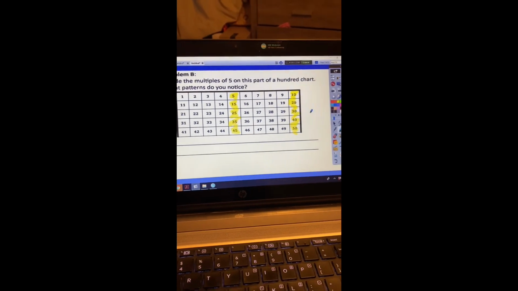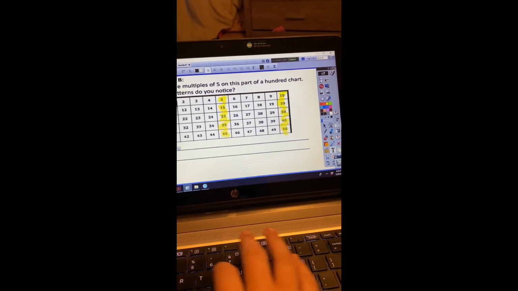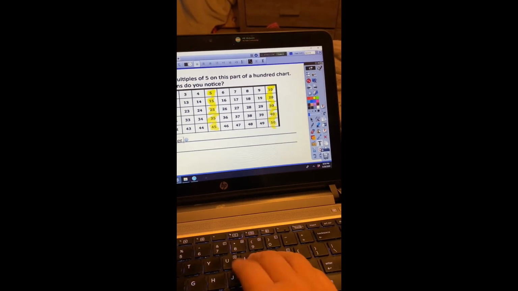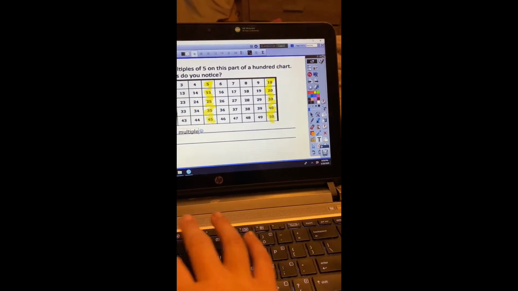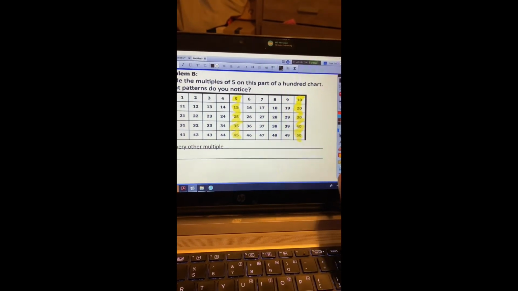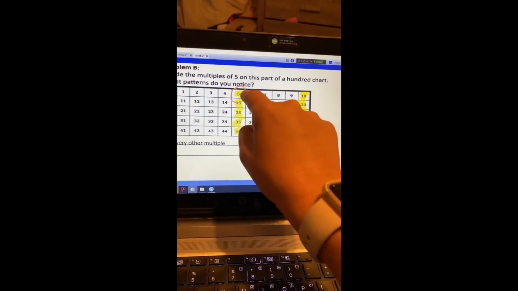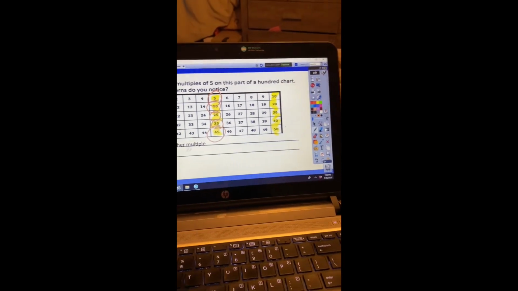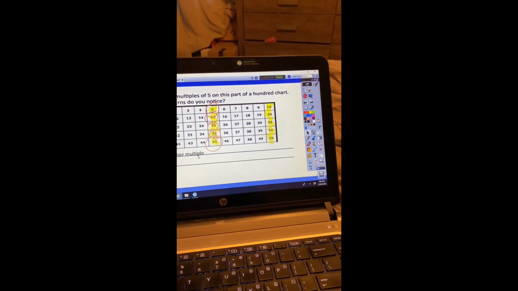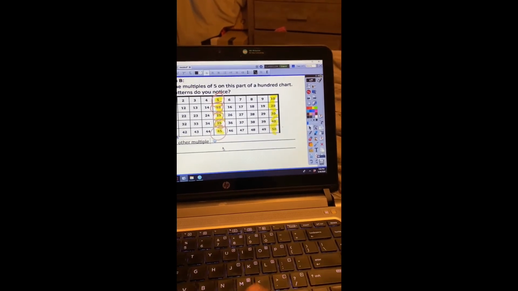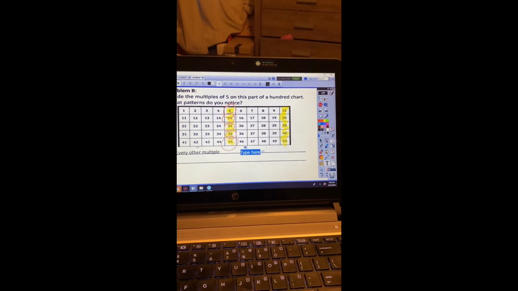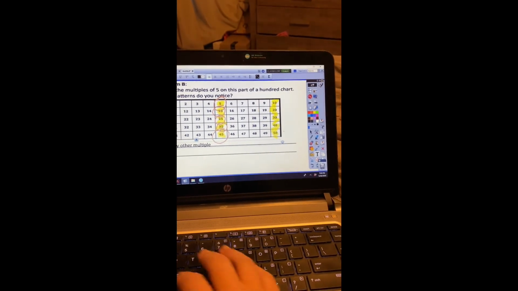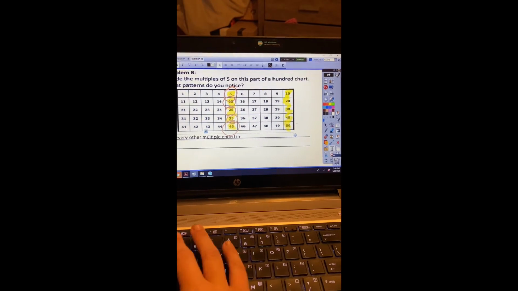I noticed that every other multiple ended in a 5.